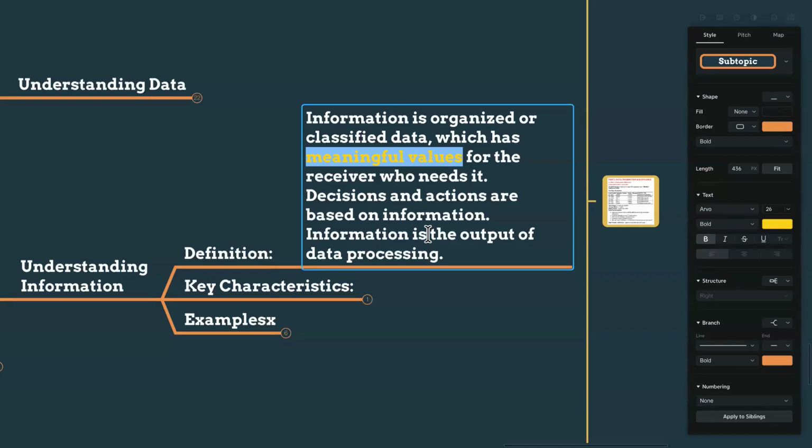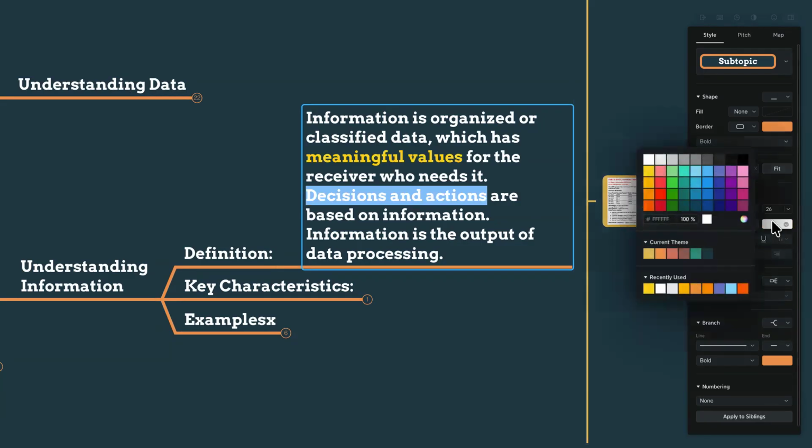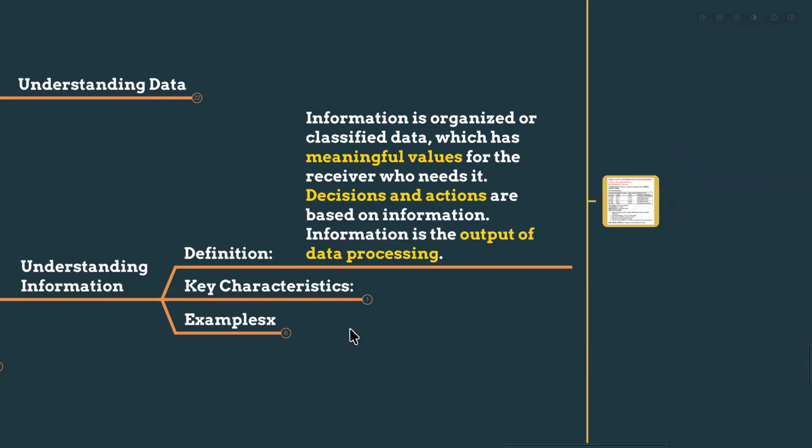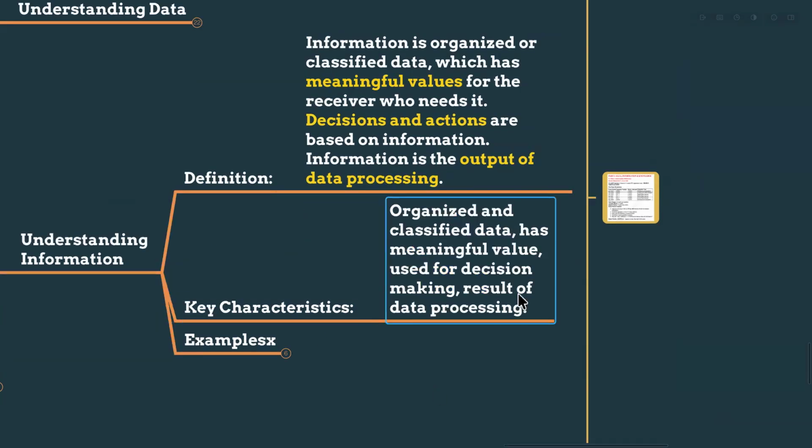Decisions and actions are based on information. So always we will take decisions as well as some actions based on information, not based on data, right? So information is the output of the data process, right? When we are processing our data, the output we will have is information, right?